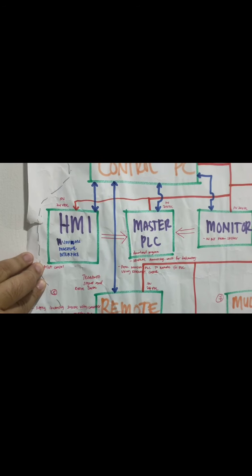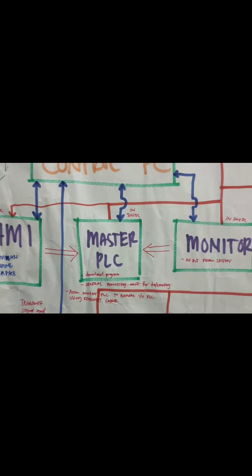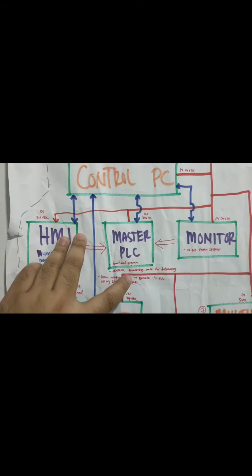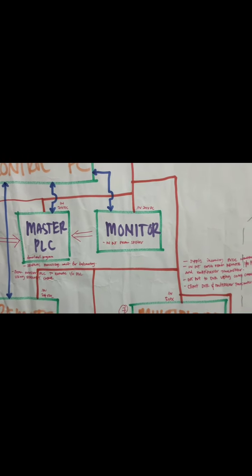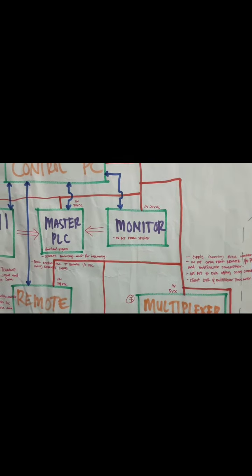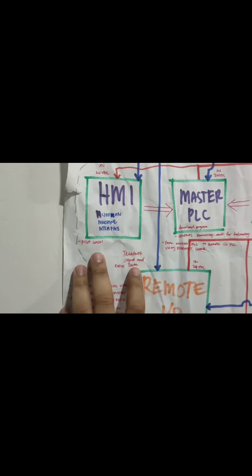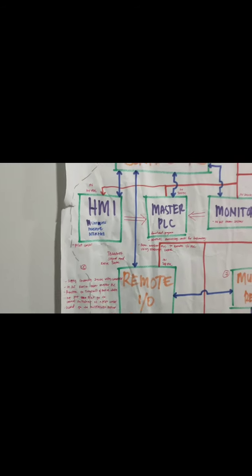The next one is the master PLC, also with incoming 24 DC volt. The next one is the monitor, also 24 DC volt. The other one missing here is the pilot console that we saw earlier. The pilot console also has 24 DC volt.